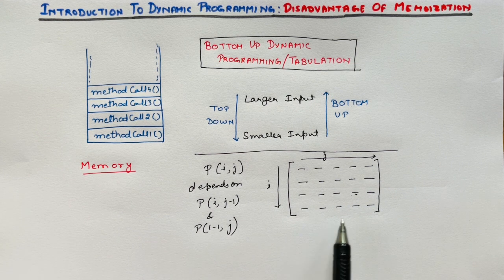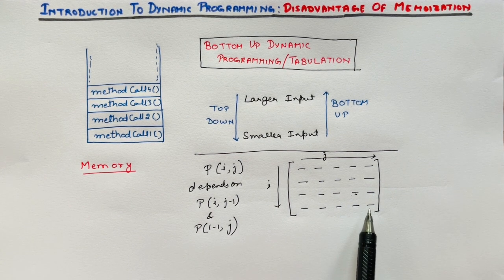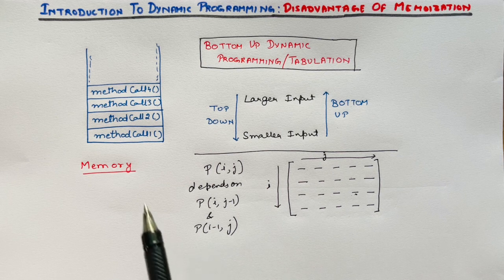And when we reach the bottom right corner, that means we have reached the maximum values of i and j, which will often be the input given to us in the question. So we get our answer from here. This way, we were able to use the recursive relation insight, but avoid the recursion itself.